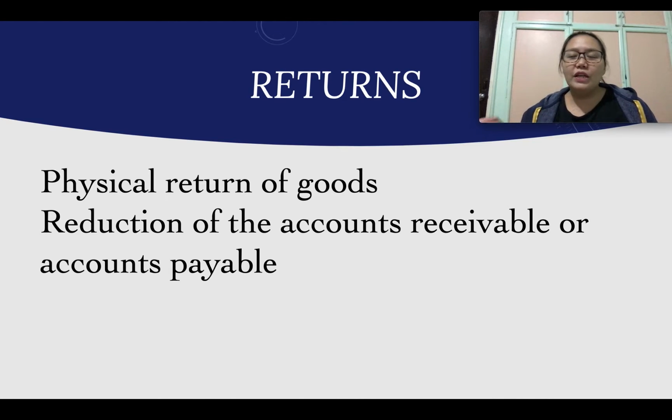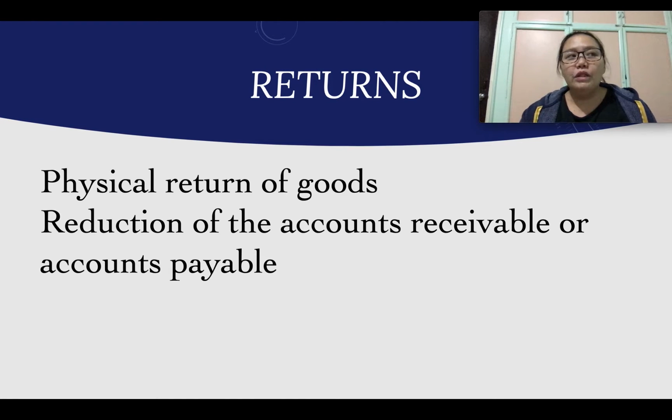So if they decide to return the goods to you, you have to write off, or reduce, your accounts receivable. But for example, you have delivered 1,000 extra small t-shirts, but the customer decided to accept your delivery, even if you have delivered the wrong goods.